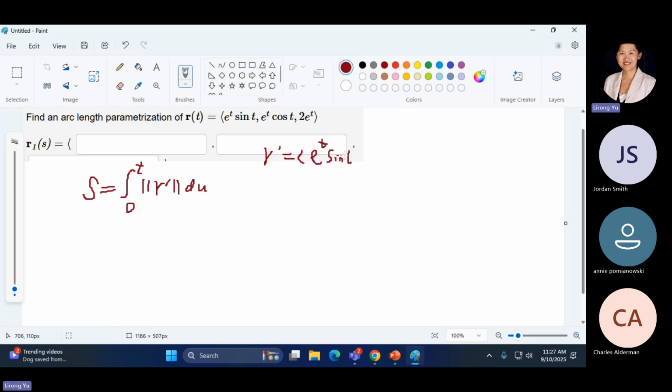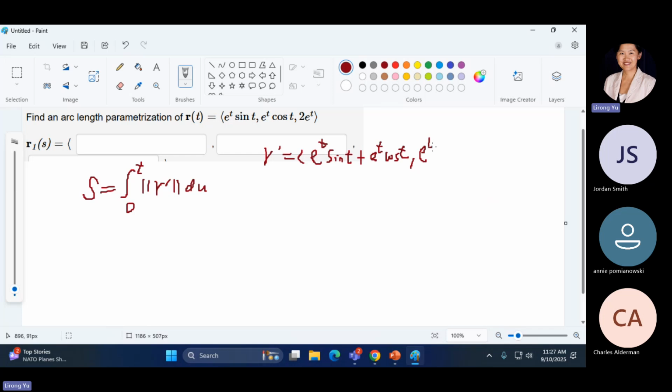The product rule is f prime g plus f g prime. So plus, this time we keep the e to the t and find the derivative of sine t, which is cosine t. All right, and then the derivative of the second one is the same thing.